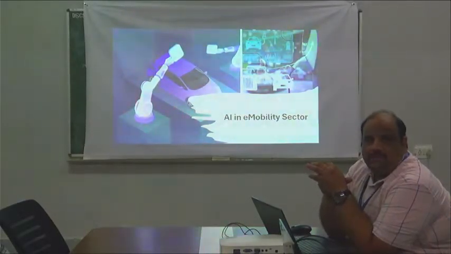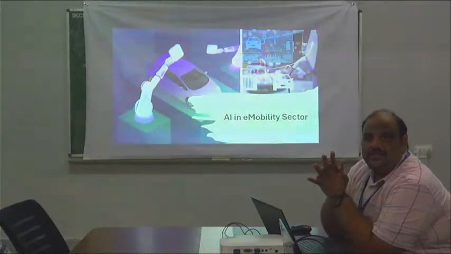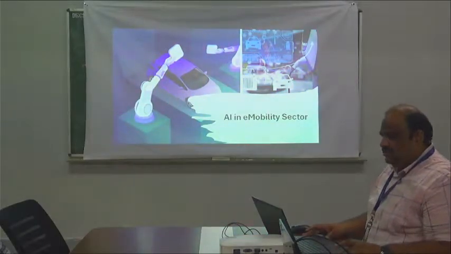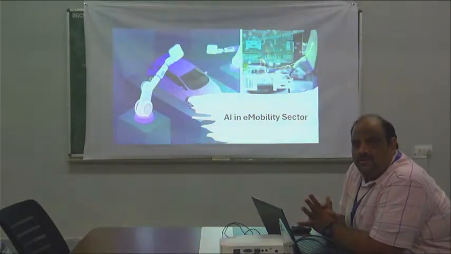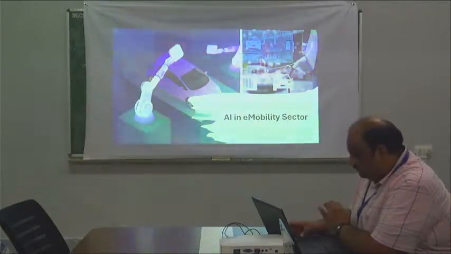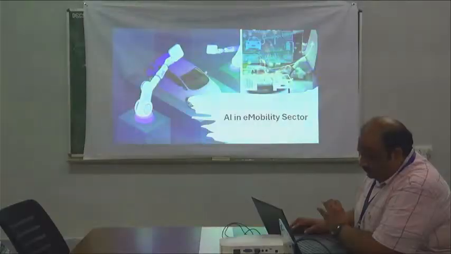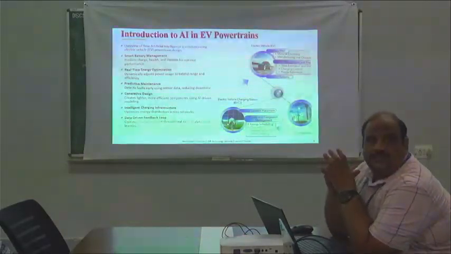So what are the advancements in e-mobility, and what makes the system move towards artificial intelligence? First I'll go with the question of why artificial intelligence is required. I'll be more focused, as I said, on e-mobility.